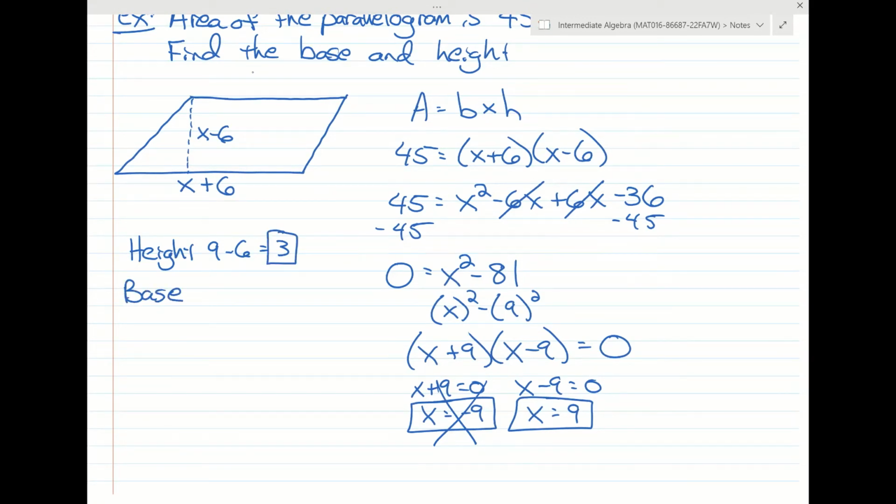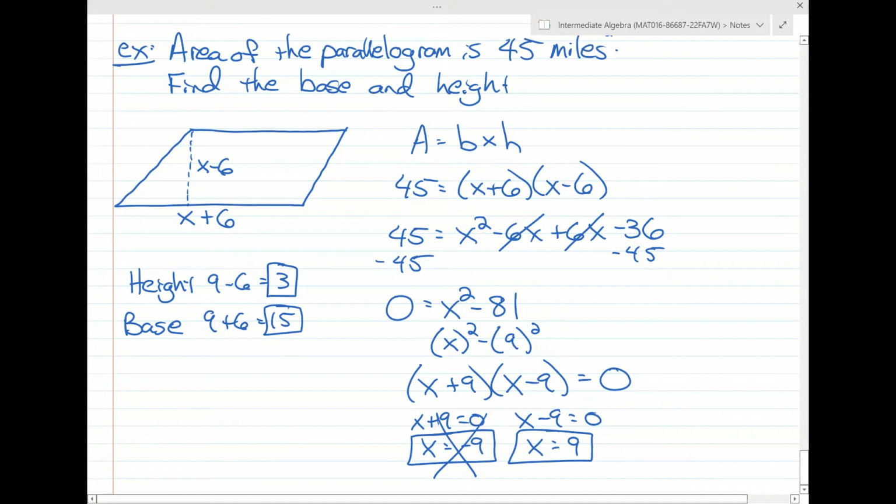And the base would be 9 plus 6, which is 15. Good. Yeah, I mean, really, for some of these, you could just plug in x values and see which ones work. But the algebra is the fastest general way to get there.